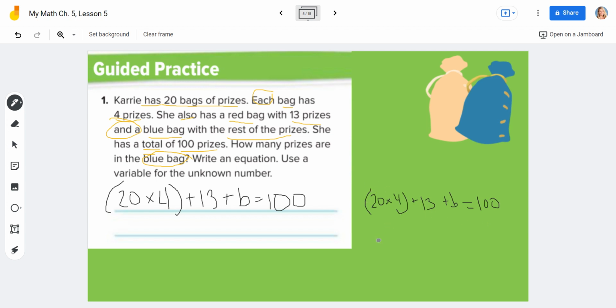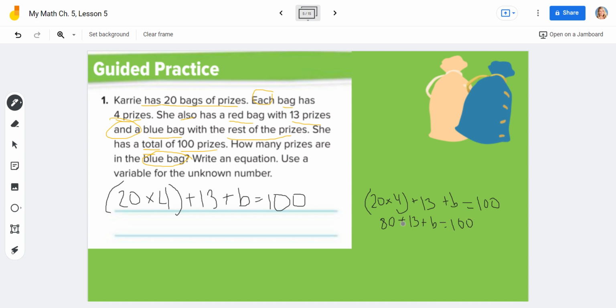Of course, we have to do it in parentheses first. 4 times 20, and I don't have to stack that because of the 0. So 4 times 2 is 8, and then I have 1 0. Drop down my plus 13 plus B equals 100.